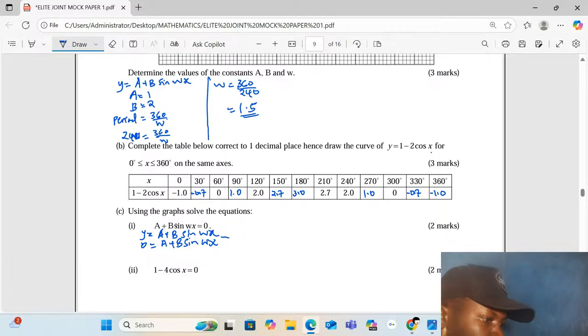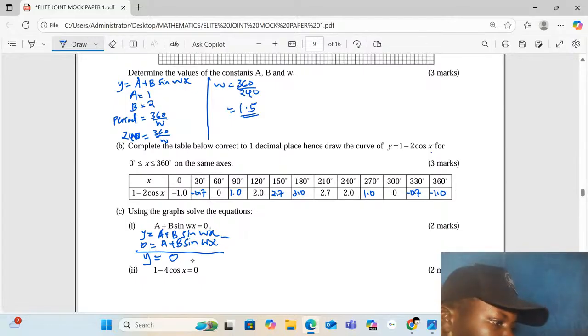So we need to subtract this given equation from the original one. a + b sin wx minus a + b sin wx, you're going to get 0. Then y minus 0, you get y. So our y is equal to 0.